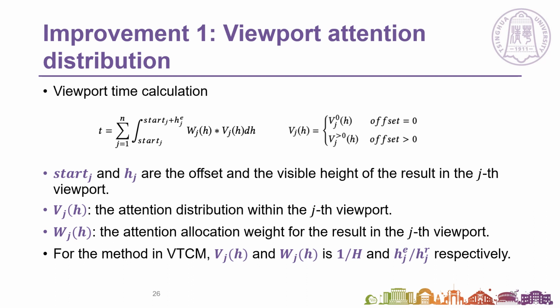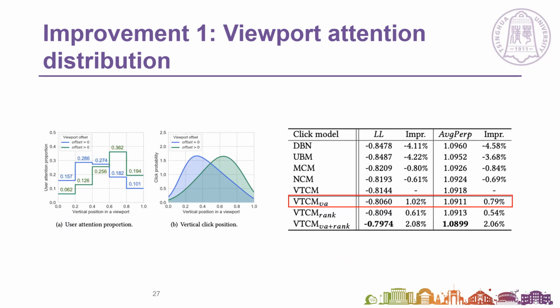As for the W function, we follow VTCM and use the exposure ratio of the result in the viewport as the weight. In this work, we use the statistics of user attention under the two conditions in the user study as a V function.